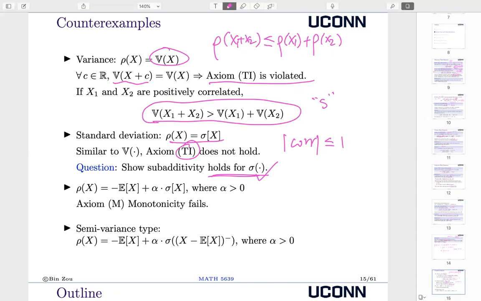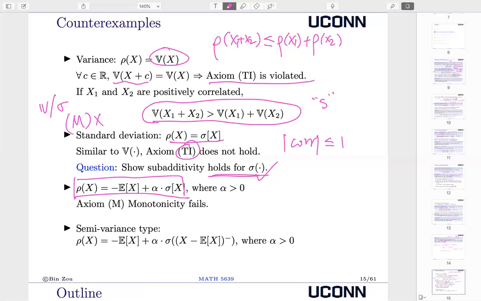Next, we have something more complicated. Let's say we have this. By the way, for both variance and standard deviation, monotonicity also fails, because we no longer have monotonicity.